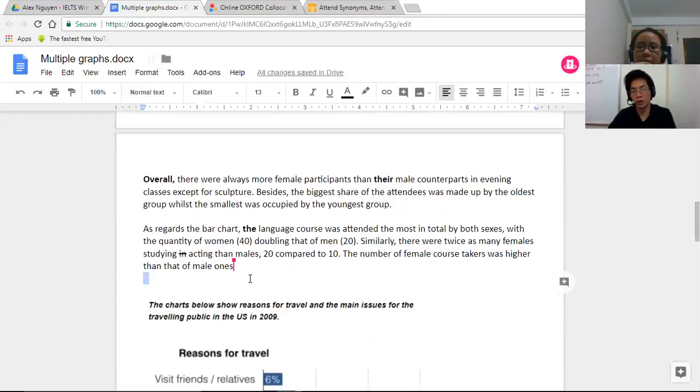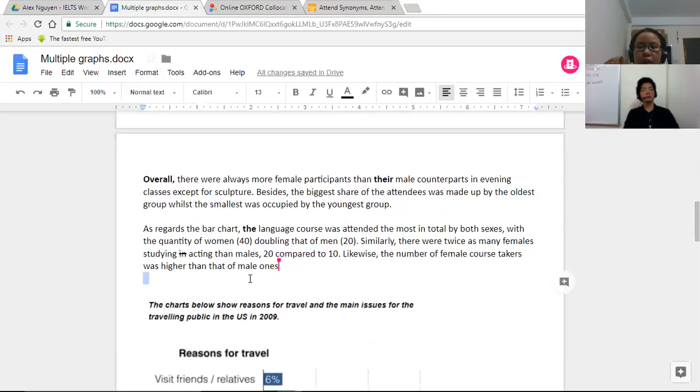I know the word likewise, but I'm not sure if it's likewise or not. Actually likewise can be used here, because if you use likewise, the numbers do not have to be the same, the double trend.